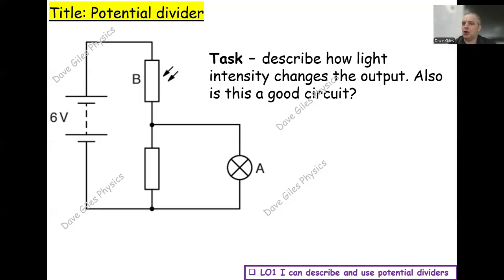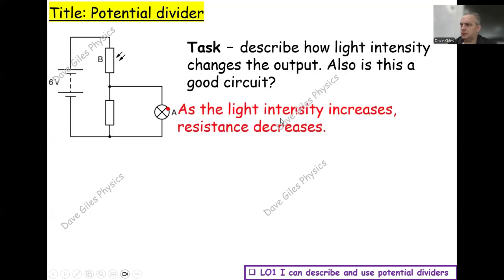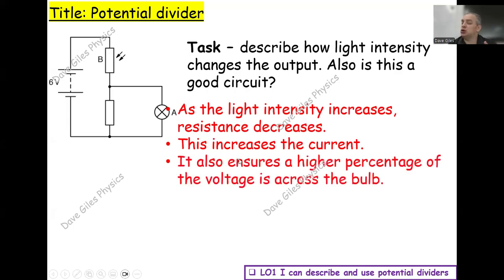Okay, I'll go through the answer now. As light intensity increases with an LDR, as we looked at last lesson, resistance decreases. This increases the current, which is good, well, might be good depending on what we're looking for. It also ensures a high percentage of voltage across the bulb.